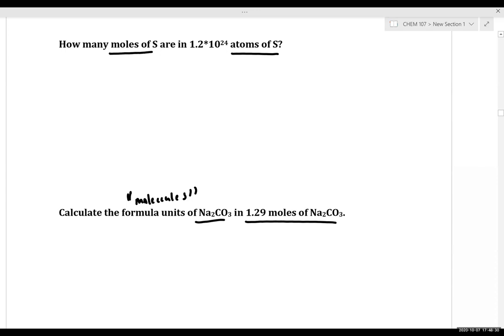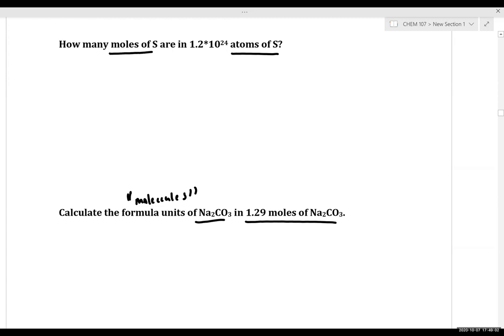What is the formula units? So formula units is a term that describes ionic compounds, and it describes the smallest ratio of ions in the ionic compound. It is functionally equivalent to saying the molecules of sodium carbonate. And we talked about formula units in chapter 2 of the notes.